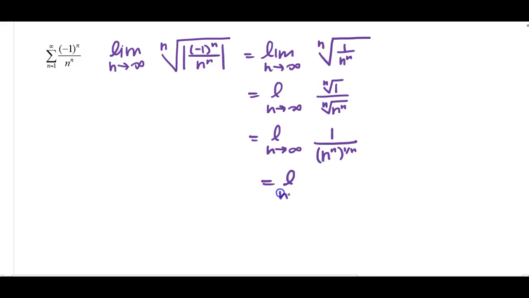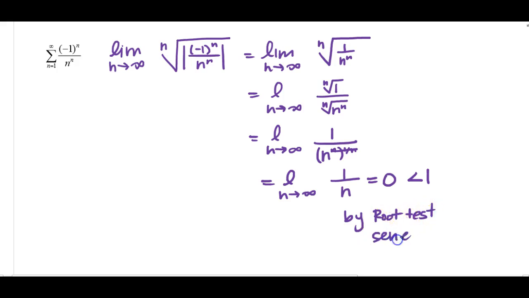So this is the limit as n approaches infinity of 1 over n. So this portion here cancels out. And as n approaches infinity, this limit goes to 0, which is less than 1. So by the root test, and since we already used RT for ratio test, we should actually write out root test. This series converges.